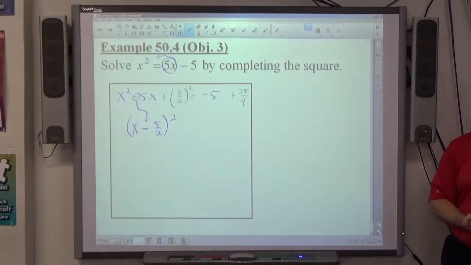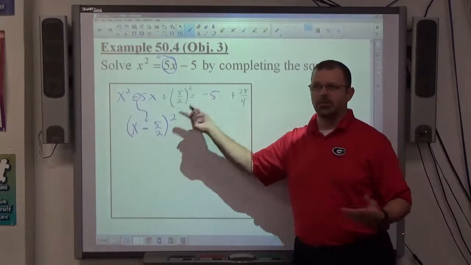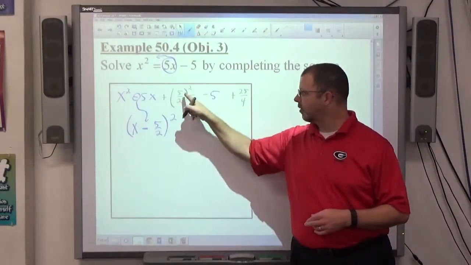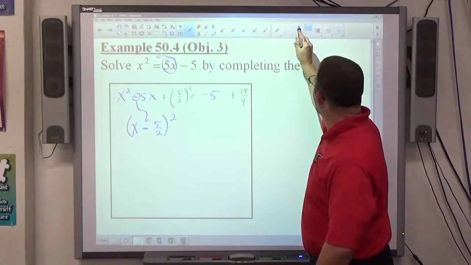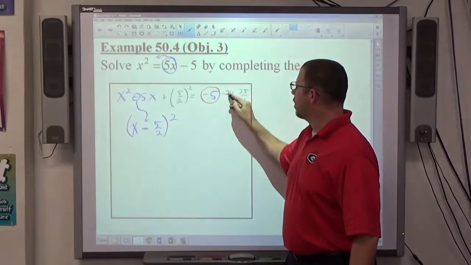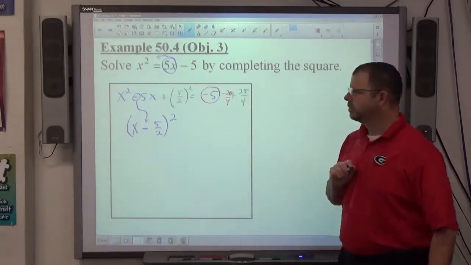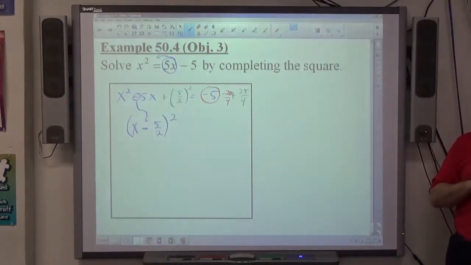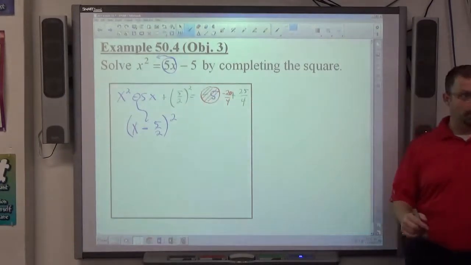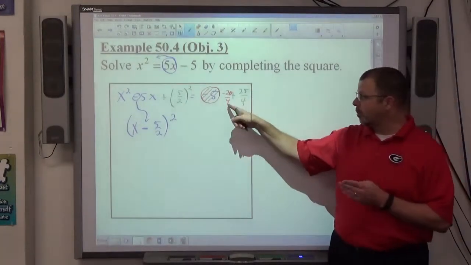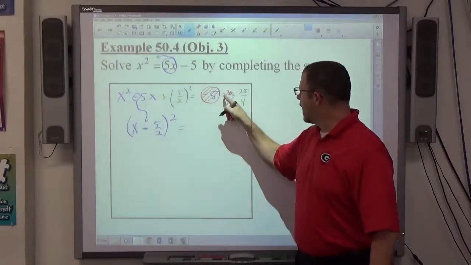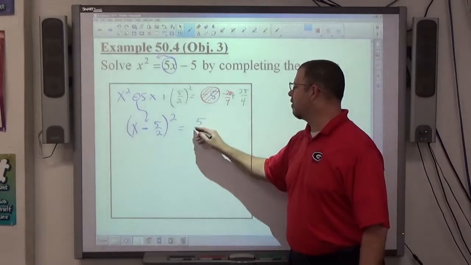On the right-hand side, this is -5, better known as -20/4. Any integer is officially over 1, so if I quadruple the bottom, I have to quadruple the top. If I add those together, -20 plus 25 makes 5/4.